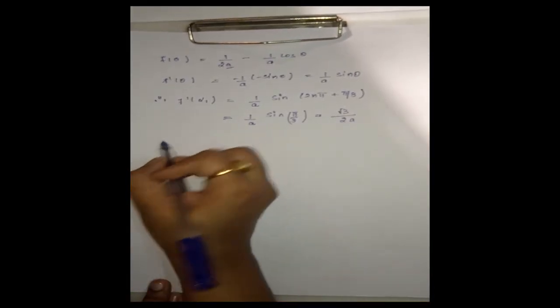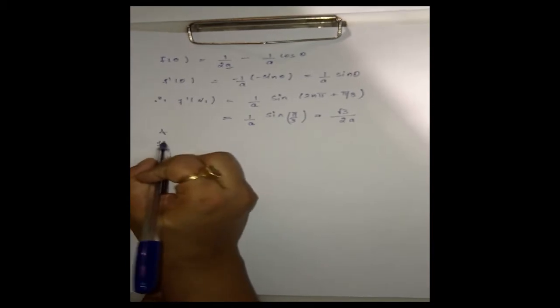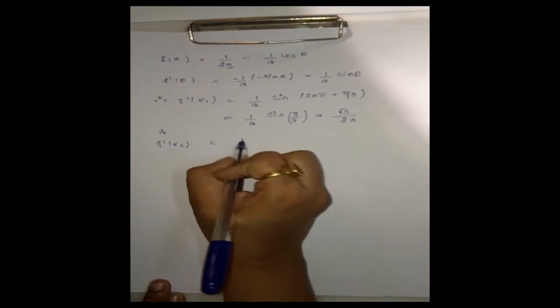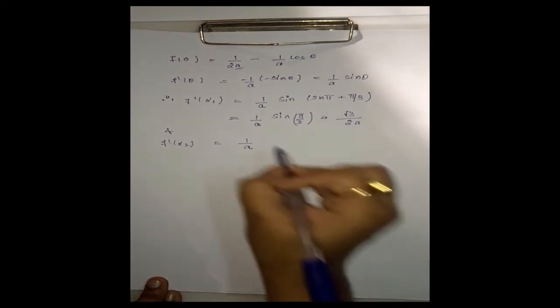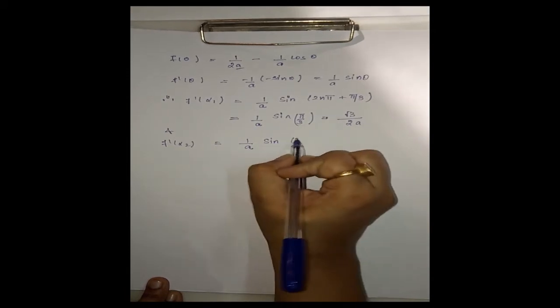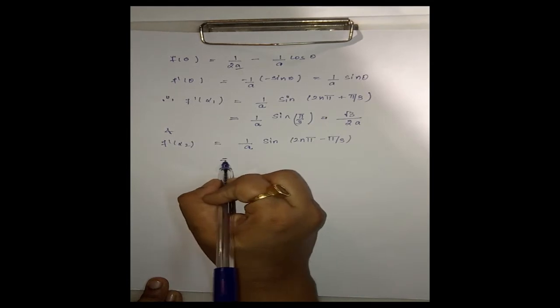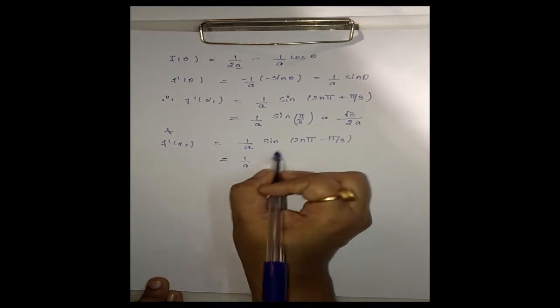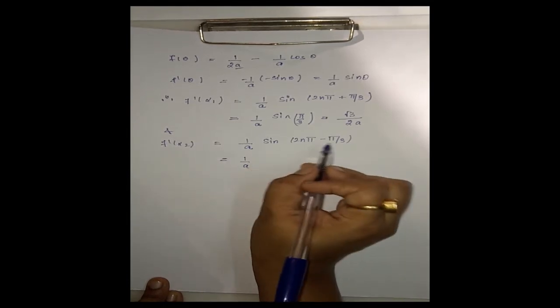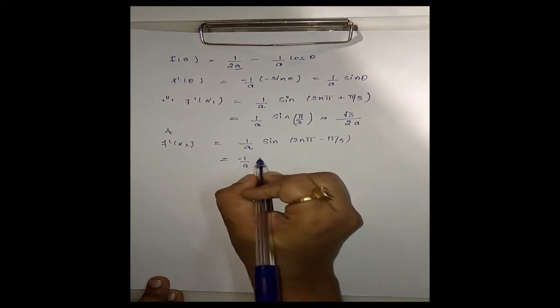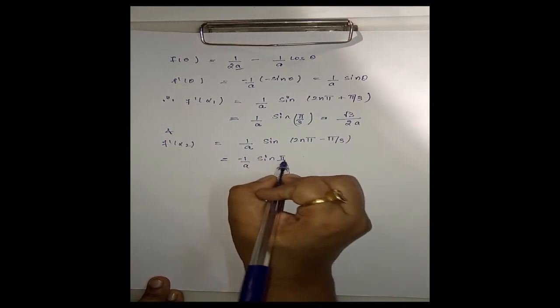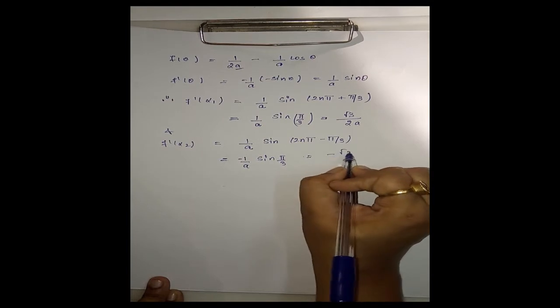Similarly f dash alpha 2 is equal to 1 upon a sin(2n pi minus pi by 3). This is equal to 1 upon a, this will be minus sin pi by 3, so this is minus root 3 by 2a.